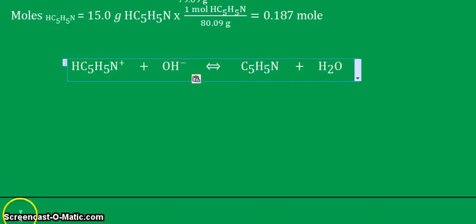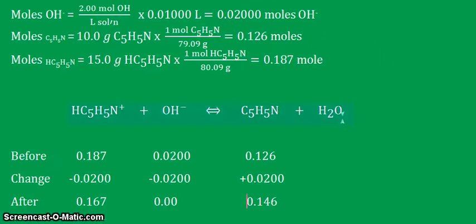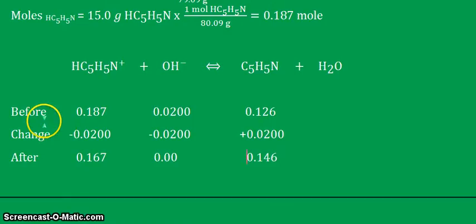Let's do that. Alright, so as we have calculated before, these are the number of moles of the species involved: the hydroxide anion, the pyridine, and of course the conjugate acid form. Initially, or before the reaction, we have 0.187 moles of the conjugate acid. Remember, these are moles for the BCA chart. We're using moles, not molarity, alright?